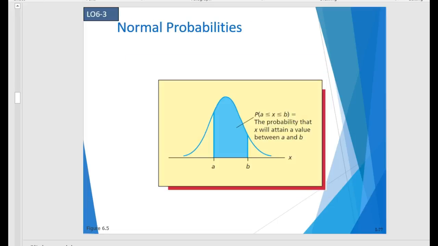Okay, so this is going to be how we find probabilities with the normal curve. We're looking at an interval. This is something we described when we were looking at the uniform distribution, which was another continuous one. So we have an interval from A to B. This is the probability that X is between A and B. This is just the visual representation of that.